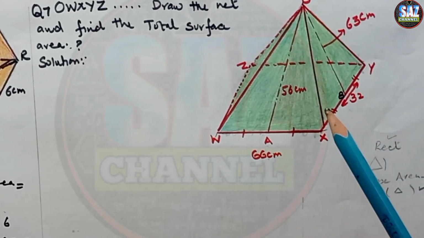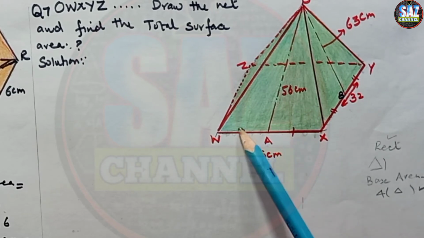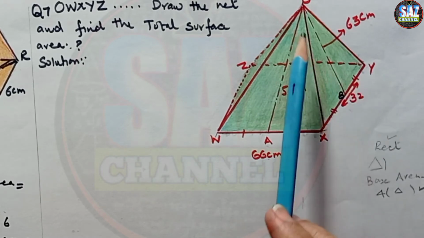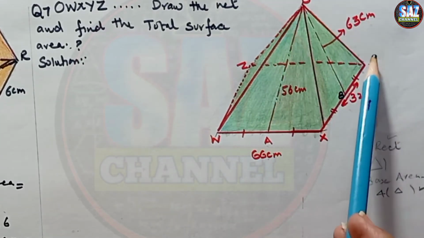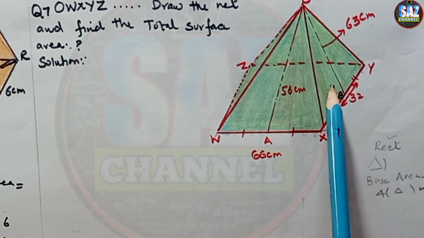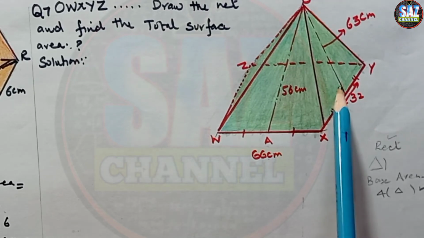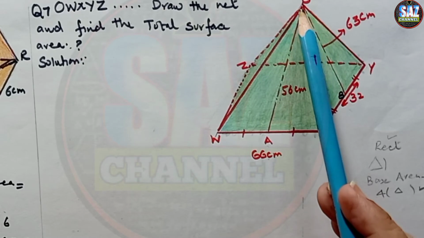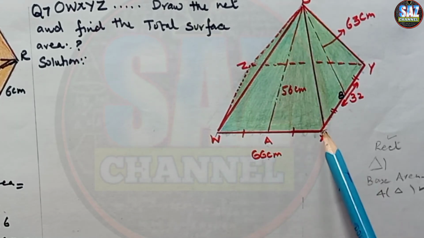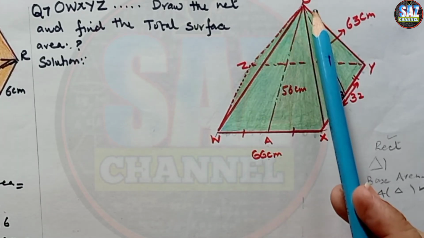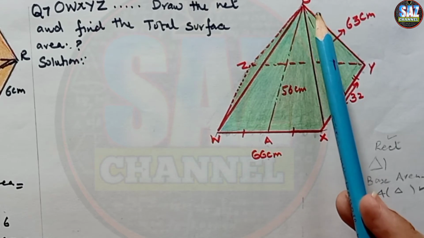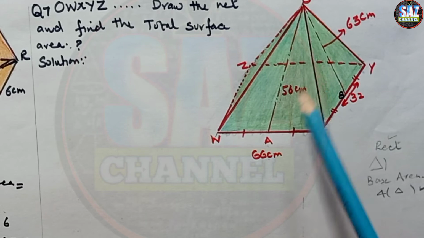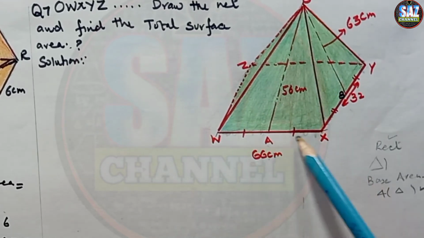So what we have to do is we have to find the area of the rectangle which is in the base, then we have to find the area of triangle OXY, and we have to multiply this by 2 because we have the similar triangle on this edge as well, and then we have to find the area of triangle OWX, and then we have to multiply that area by the 2 because there is one triangle at the back of this pyramid as well which is identical to OWX.